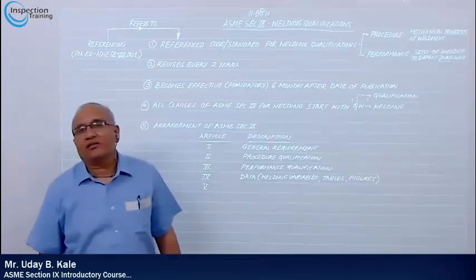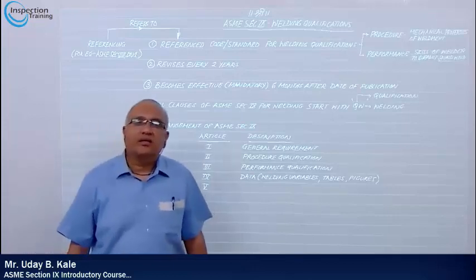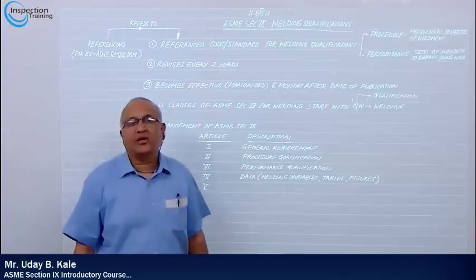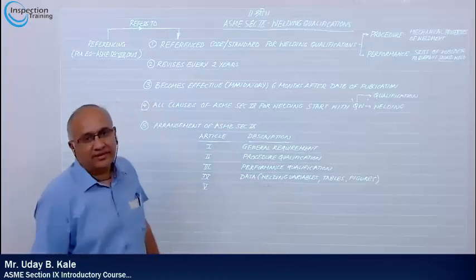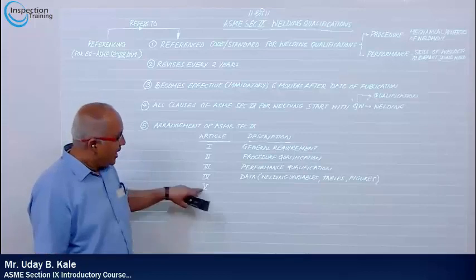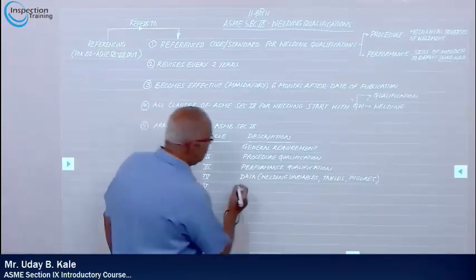All these have some tables. We have tables for procedure qualification as well as performance qualification also. So data is given. Article 5 gives you standard WPS.